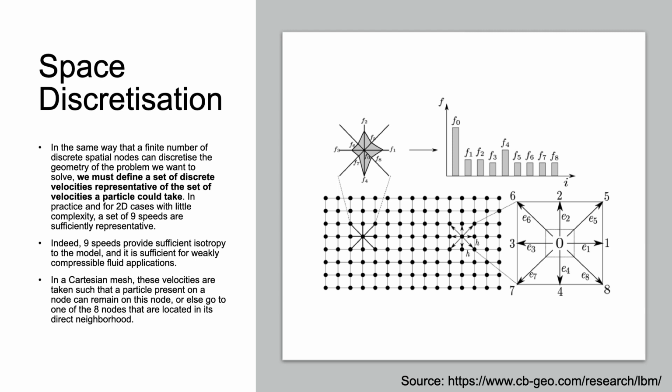9 speeds are sufficient, so they will provide sufficient isotropy to the model, and this is sufficient for weakly compressible fluid applications. But as soon as you want to go 3D or you want to have compressible applications or other types, you might need to add more speeds. So you have some models where you have 27 or much more than that speed vectors in your mesh.